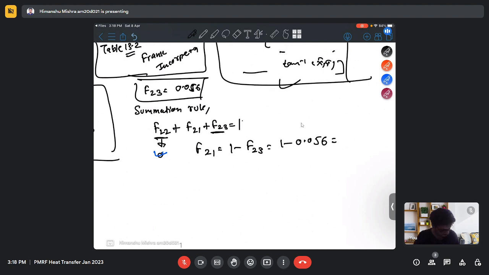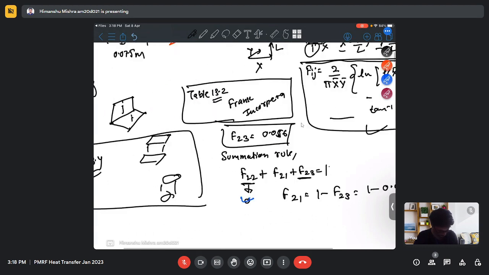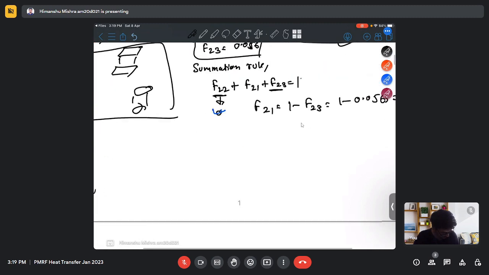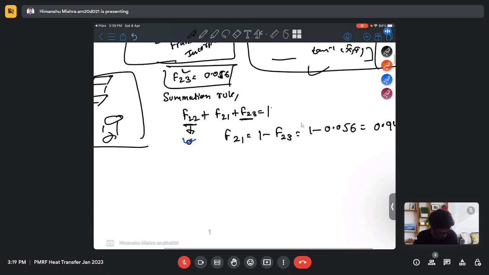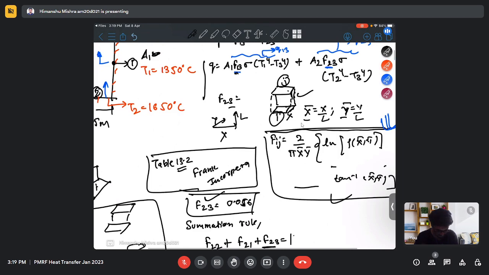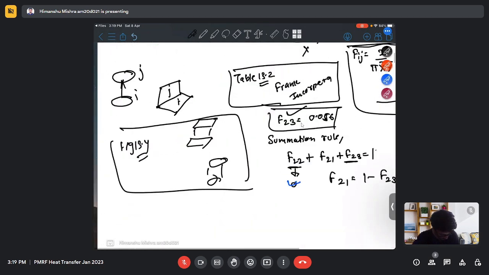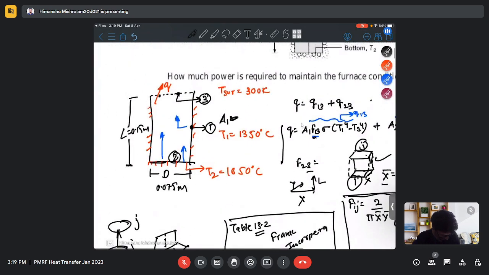That means my shape factor F21 will be 0.944. And we need the shape factors 1-3 and 2-3. So we already have 2-3 and we need to find 1-3 here, which means from here to here.